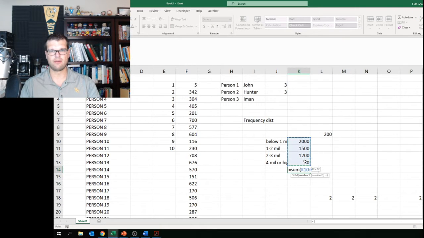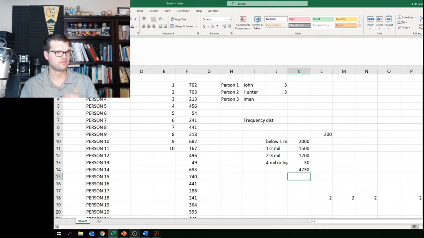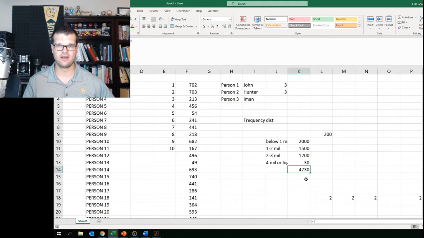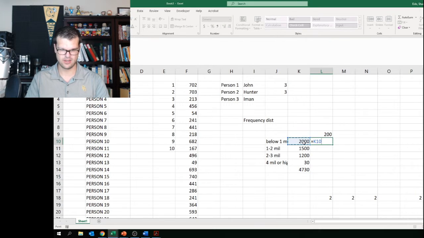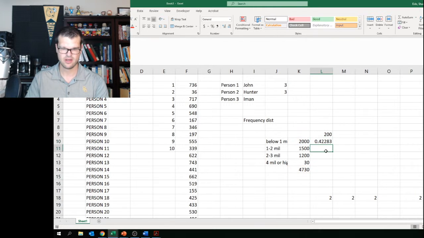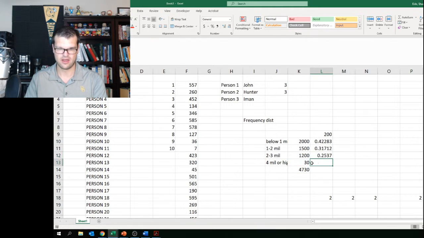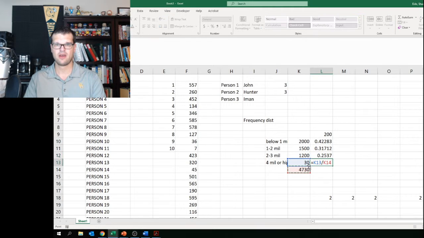You add all of these up, and then you do equals this divided by 4730, equals this divided by, and then equals this divided by, then equals this divided by.